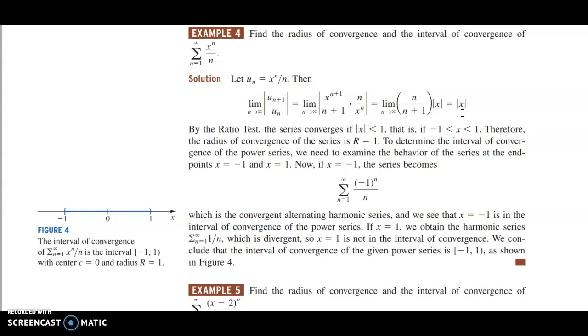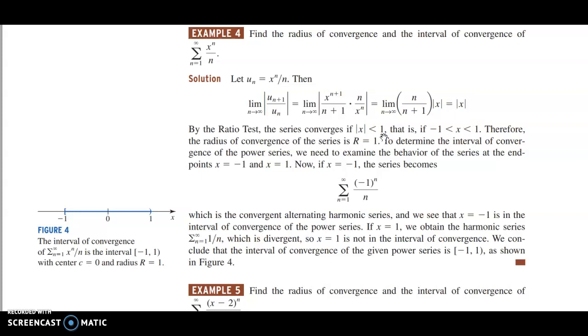Okay, what was our ratio test? In the ratio test, the series converges if the result is less than 1. Here the result is mod x, so if mod x is less than 1, the series converges.